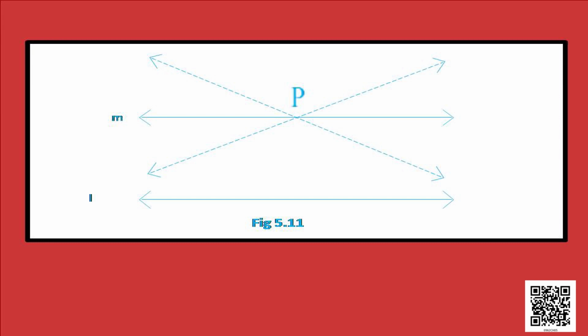All the other lines passing through point P, which are the dotted lines, intersect line L, but only line M is parallel to L. Why? Because both lines L and M are equidistant from each other throughout.